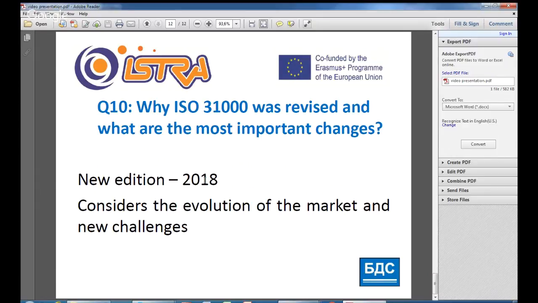The new ISO 31000 provides more strategic guidance than the edition of 2009. It places more emphasis on both the involvement of senior management and the integration of risk management into the organization.